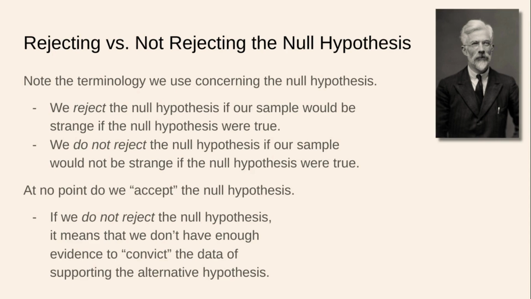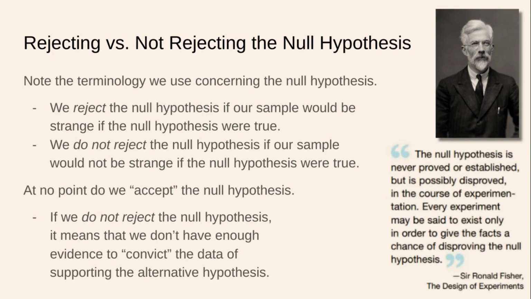I don't know. Guilt is something that you would prove. If you can't prove guilt, you assume innocence. Just like that, if we don't reject the null hypothesis, that means we don't have enough evidence to convict a set of data of supporting an alternative hypothesis. And here's a quote from Sir Ronald Fisher.